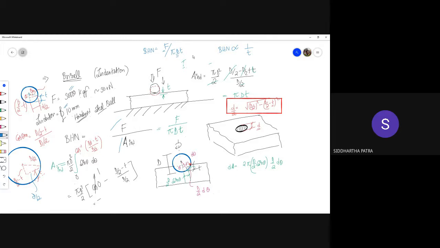The other thing that we know is that this Brinell hardness number has the same dimension as stress or modulus, such as Young's modulus, because it is force per unit area, right?